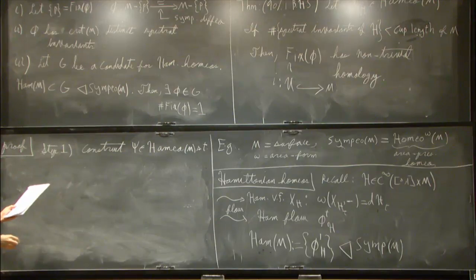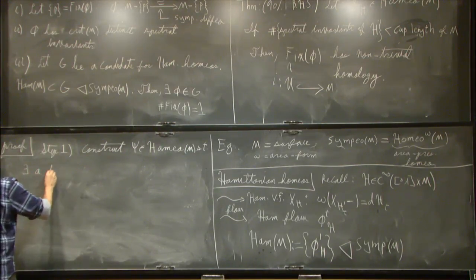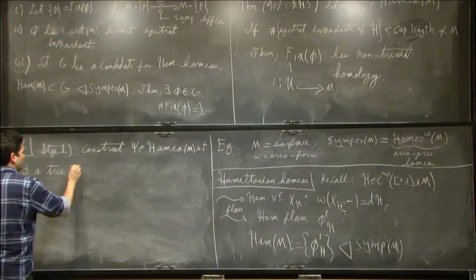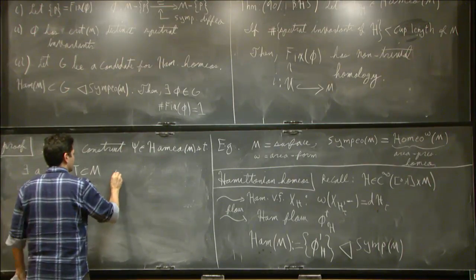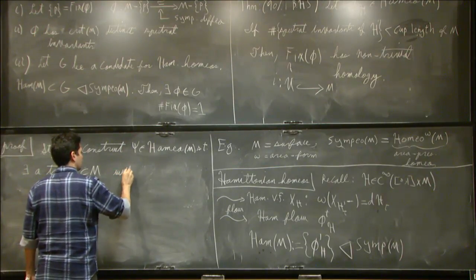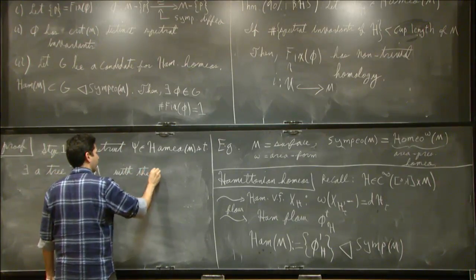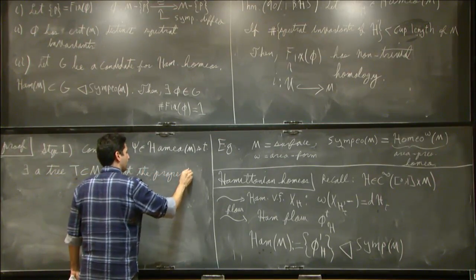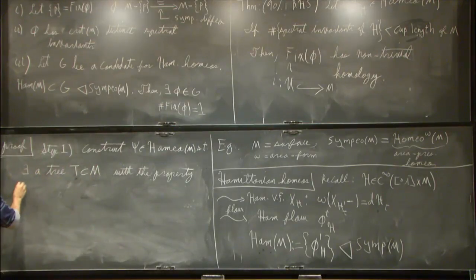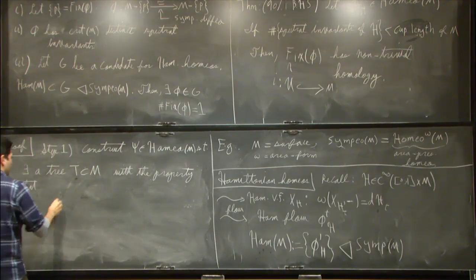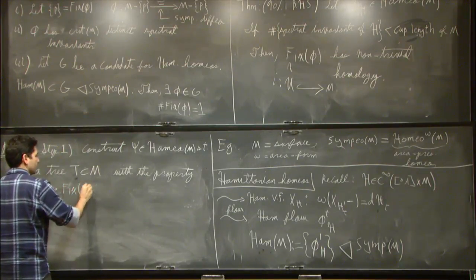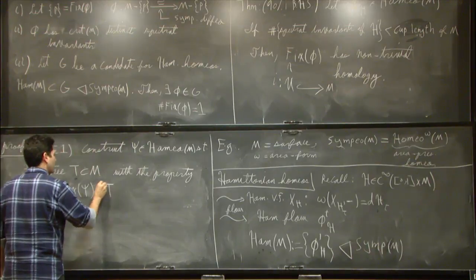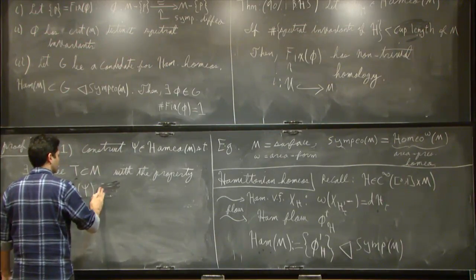There exists a tree T inside M, this is just a subset of the manifold M, with the property that, first, all the fixed points of this homeomorphism are on T. In fact, they're vertices of the tree.